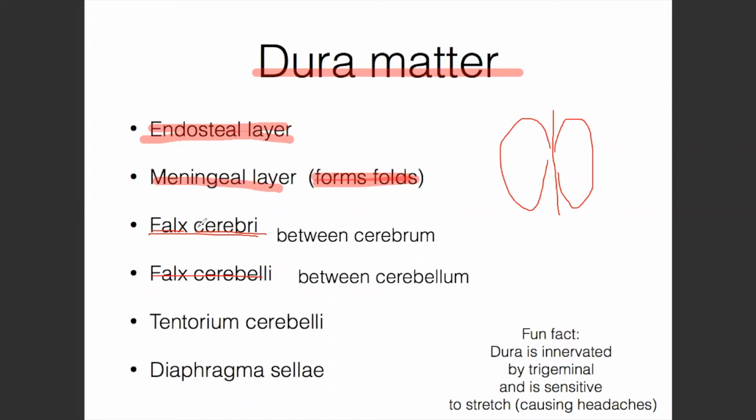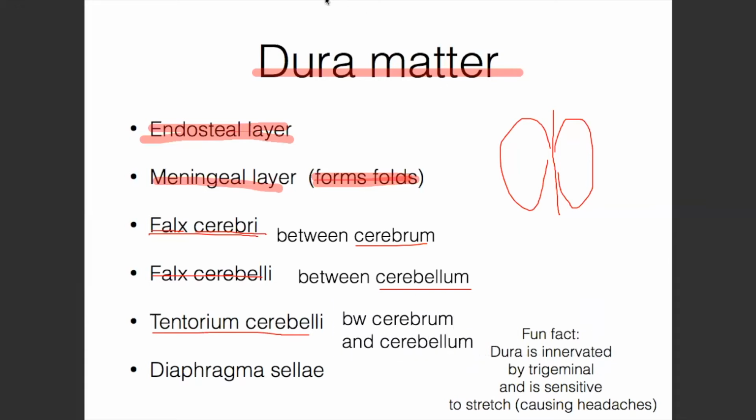But just know that the naming, cerebri or cerebelli, is very important to tell whether it's the cerebrum, the brain, or the cerebellum. Okay? Then there's the tentorium cerebelli, which is on the top of, this one is between the cerebrum and cerebellum.